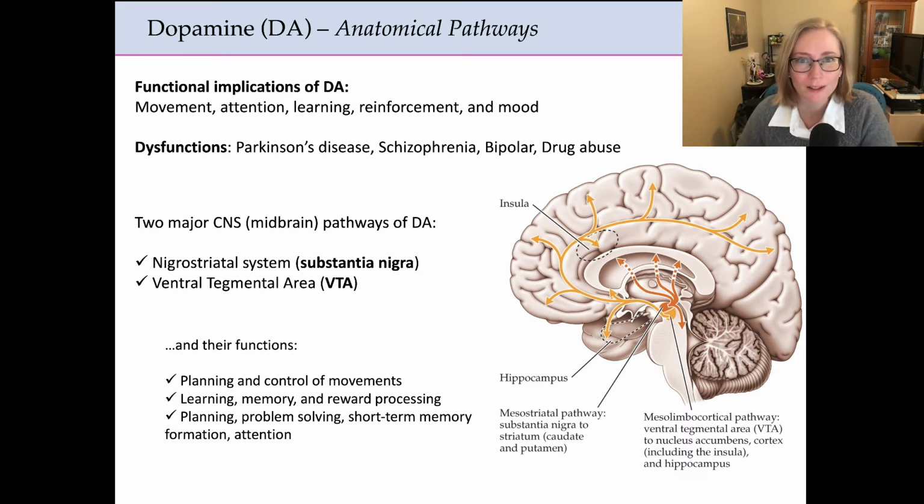So reward and motivation is closely connected to learning, of course. Planning, problem solving, lots of cognitive and attentional processes. Dopamine is pretty important for assisting that, or even laying the functional foundation for that.